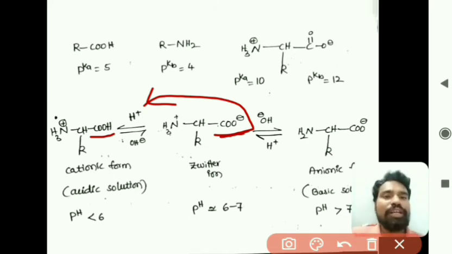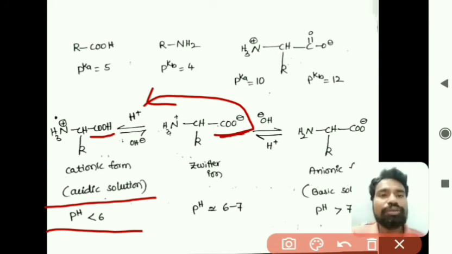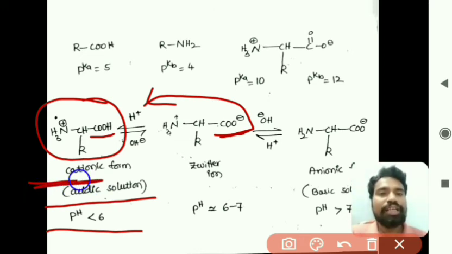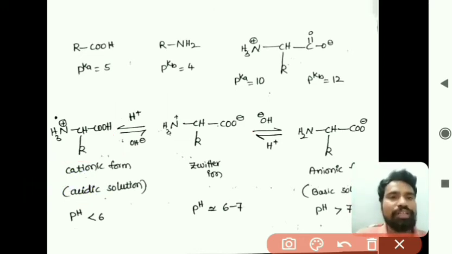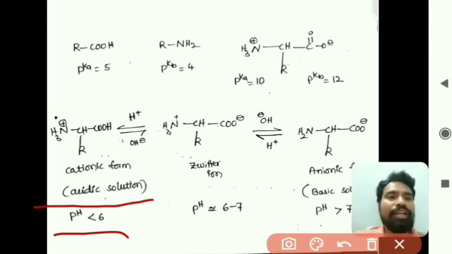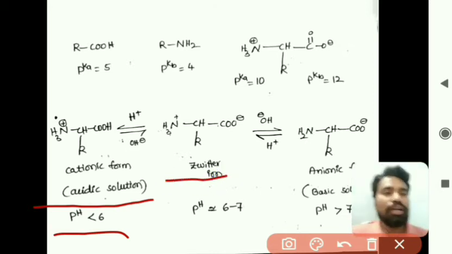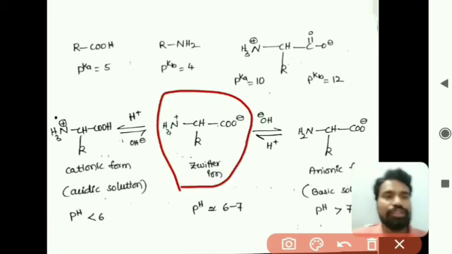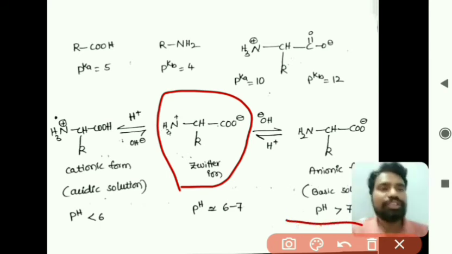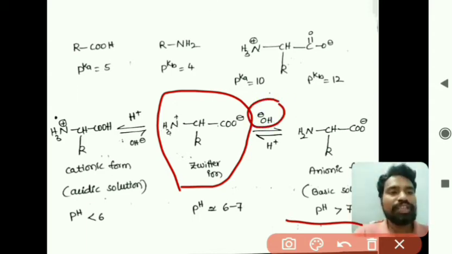So in the acidic medium, that is when pH is less than 6, the amino acid is in the cationic form, right? When the amino acid is treated with basic solution, or the pH is greater than 7, as the basic solution is there, it automatically contains OH minus ions, right?